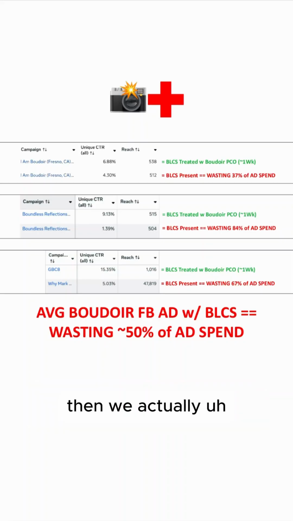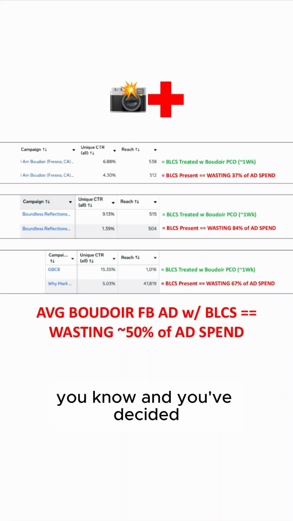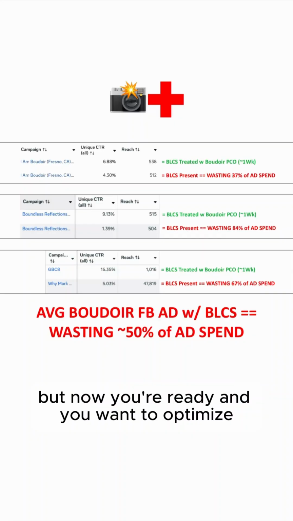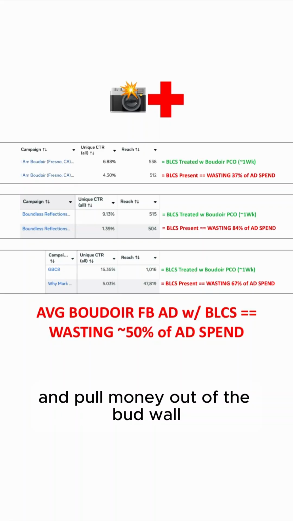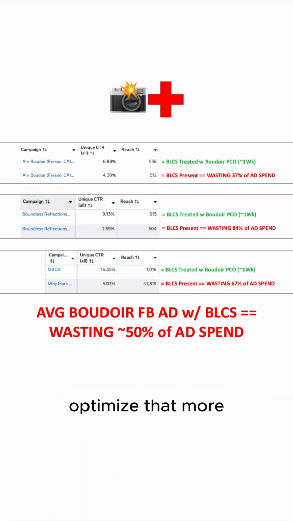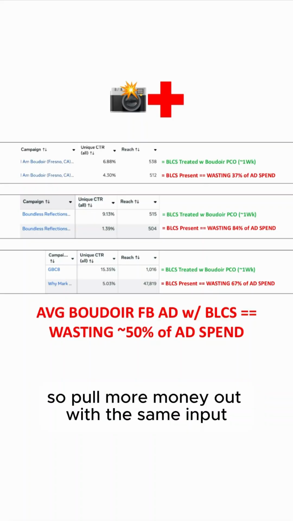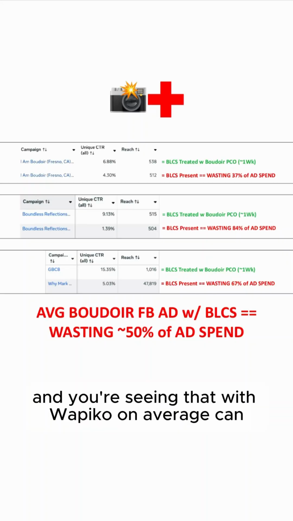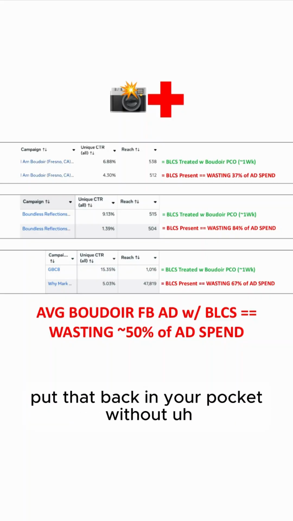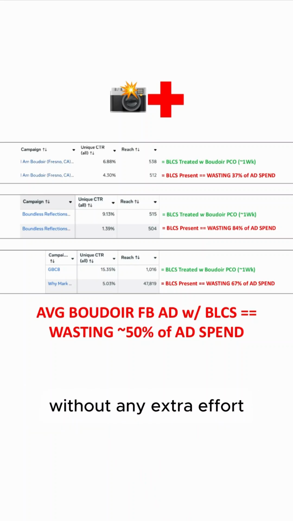And you've decided that you've been optimizing other parts of your business, but now you're ready and you want to optimize and pull money out of the Facebook ad side of your business, so pull more money out with the same input. And you're seeing that Boudoir PICO on average can eliminate about half your ad spend being wasted, put that back in your pocket without any extra effort.